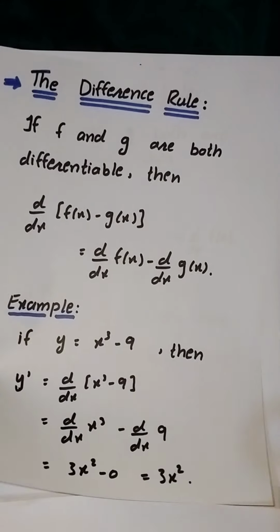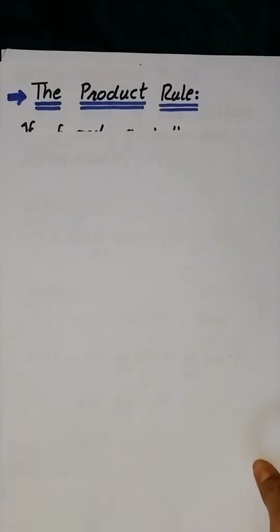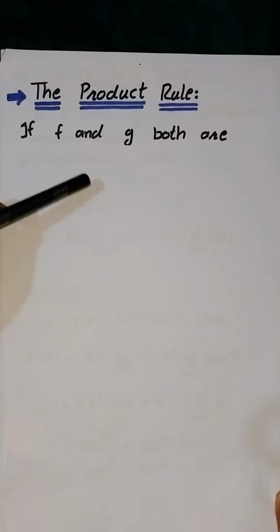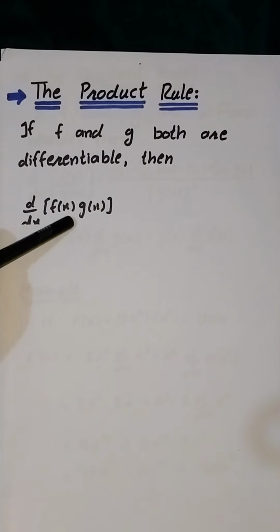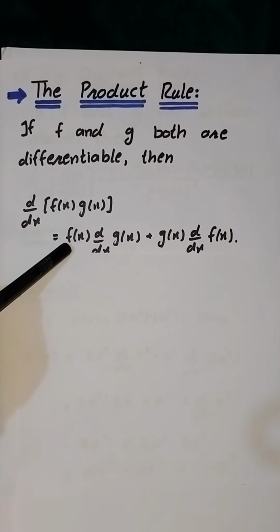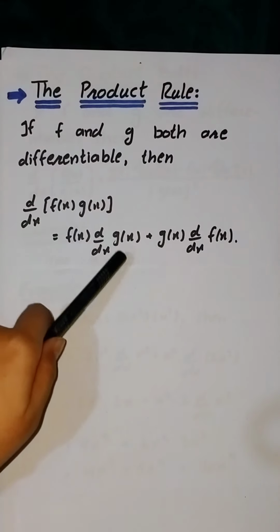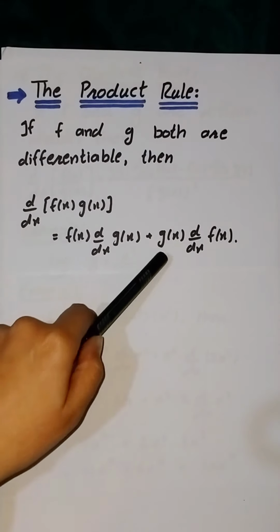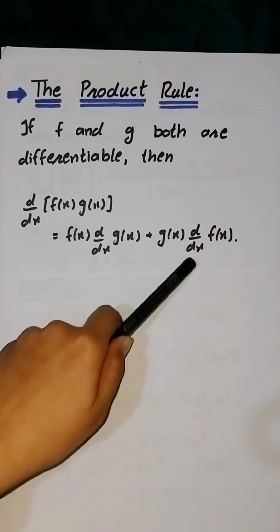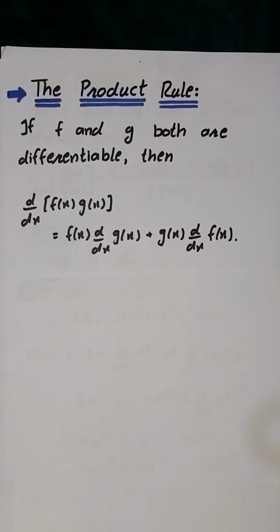The next rule is the product rule. It states that if f and g are both differentiable functions, then the derivative of f of x times g of x is equal to f of x as it is times the derivative of g of x, plus g of x as it is times the derivative of f of x.